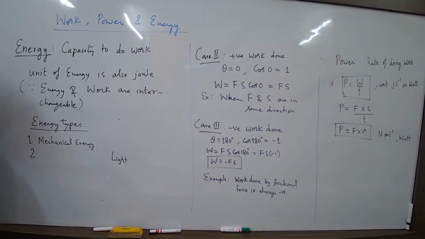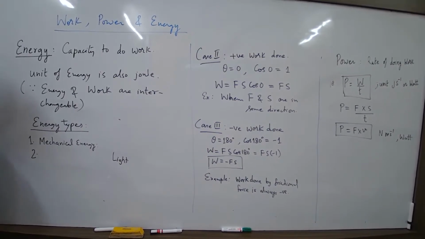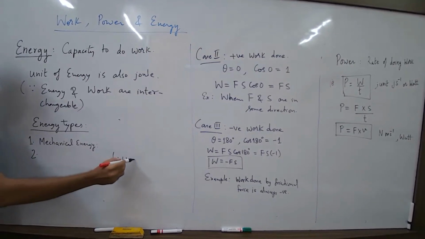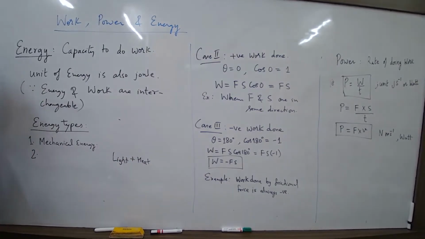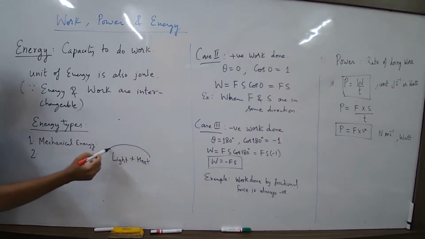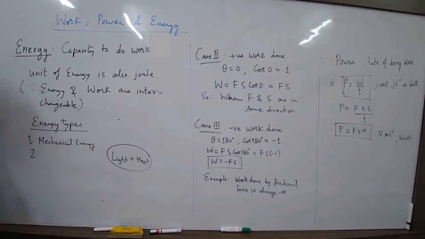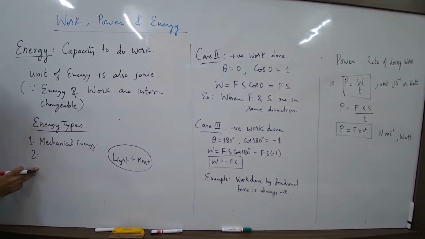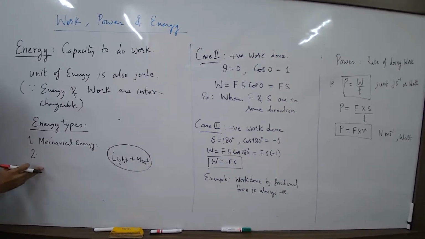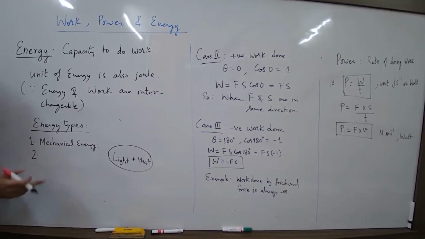Is it essential? Light is essential. Heat energy, yes. Food, right? So these are the most basic forms of energy required for our survival. And all the energy that I'm going to list down can be converted into these. The good thing about energy is it can be converted from one form to another.